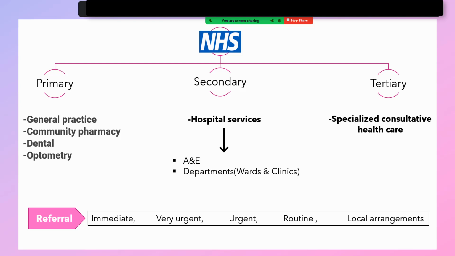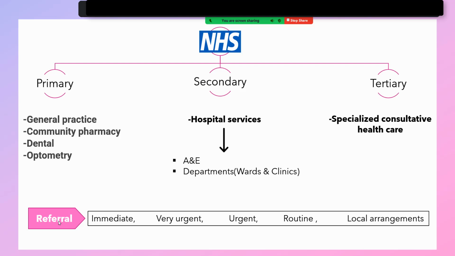Okay, so they have the facilities and they are more equipped. Okay, this is in terms of tertiary care. GPs and hospitals can refer the patient to the consultative hospitals right away. All right, this is in terms of the NHS.